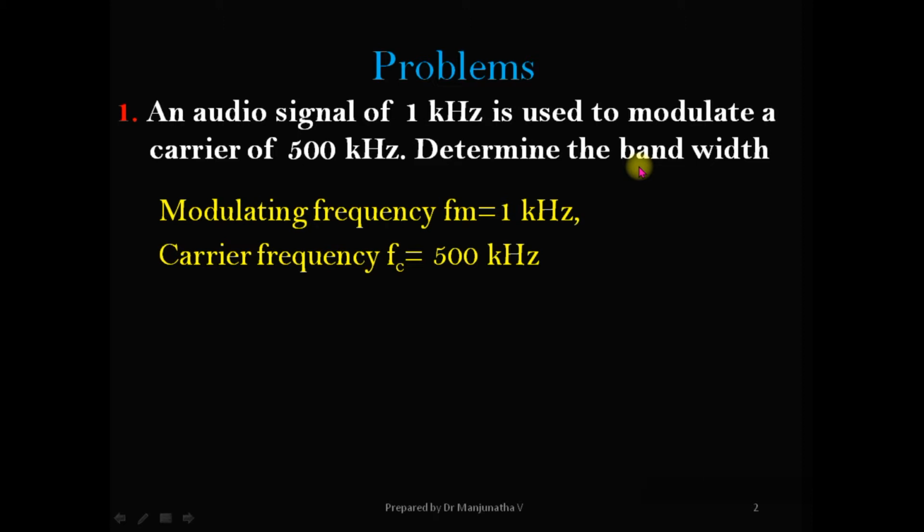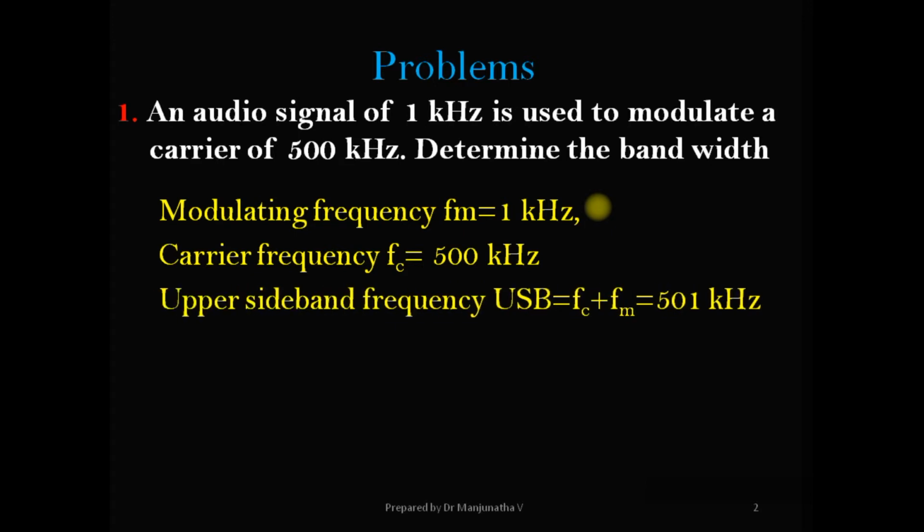It can be calculated in two ways. One is by using the formula 2 into FM. Another one is by calculating the upper sideband and also the lower sideband. The upper sideband frequency is carrier frequency plus modulating frequency, that is 501 kHz.